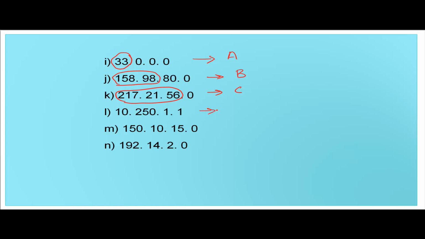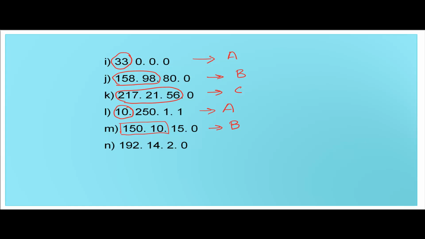This belongs to class A, so the first octet is going to be our network part. Then 150.10.15.0. 150 belongs to class B. For a class B IP address, the subnet mask is 255.255.0.0, so the first two octets are going to be our network part.